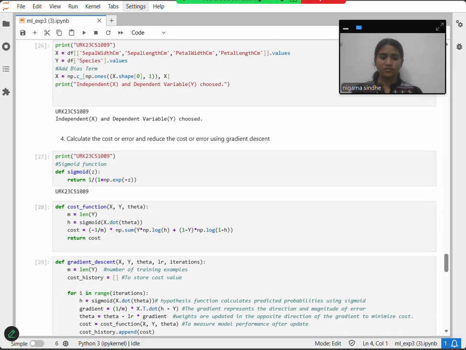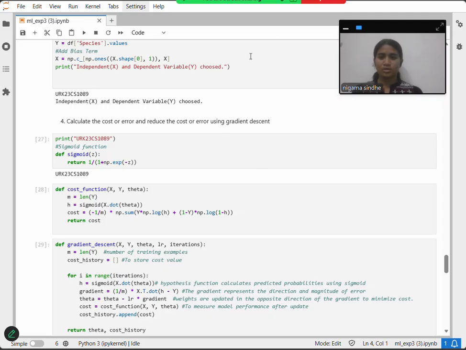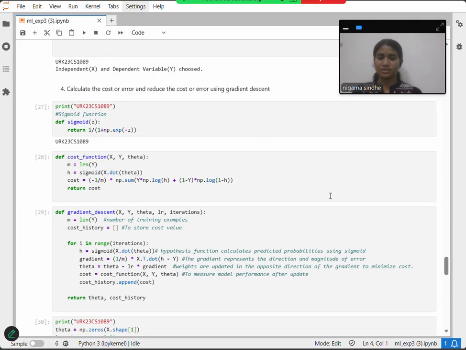And then we are going to find the cost of error, and in order to reduce the cost of error we use gradient descent. Here we are going to implement gradient descent to minimize the cost function and update the model parameters accordingly.